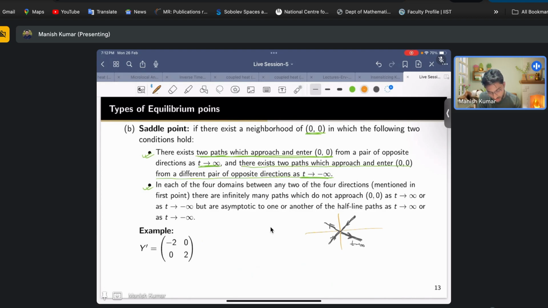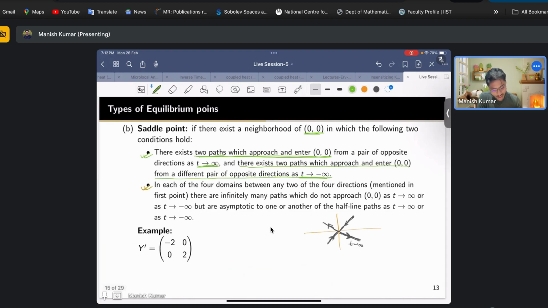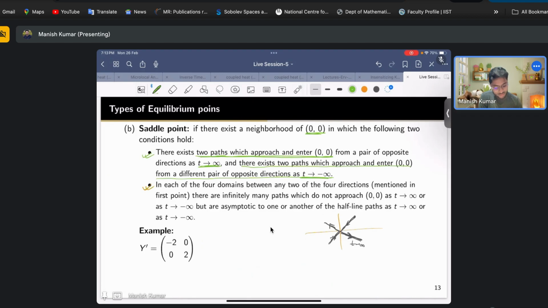Now you see these lines are making partitions of the plane: first partition, second partition, third partition, fourth partition. It says that in each of the four domains, between any of the four directions, there exist infinitely many paths which do not approach (0, 0) but are asymptotic to these lines.